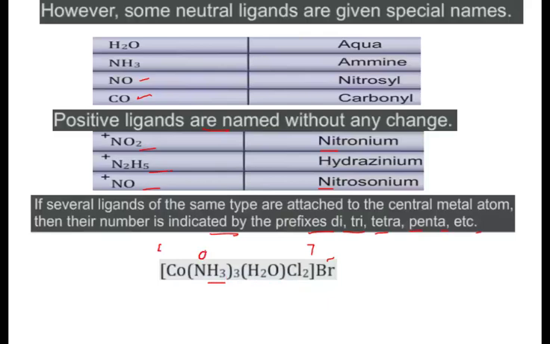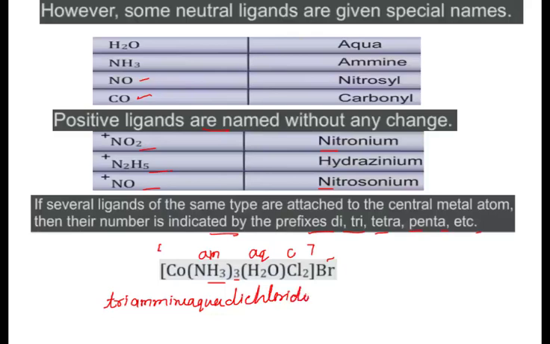This is amine, this is aqua, and this is chlorido. Alphabetically amine comes first, so how many times? The prefix is 3 times. So we will write triamine, then water only 1 time, so aqua, and then 2 times chlorine, it will be dichlorido.